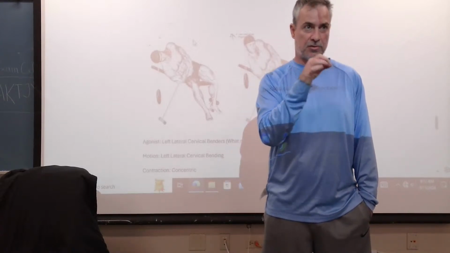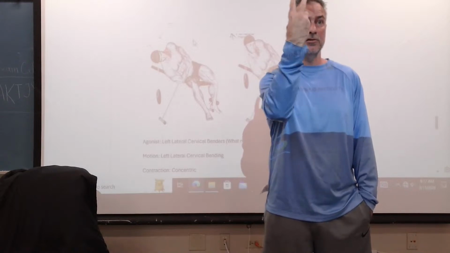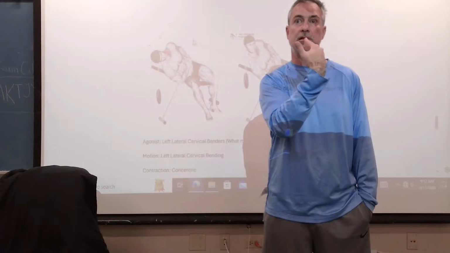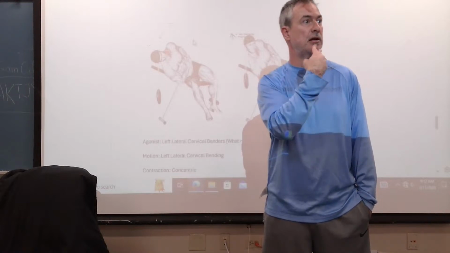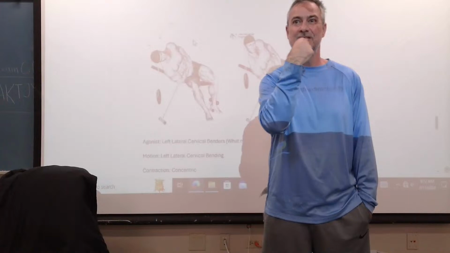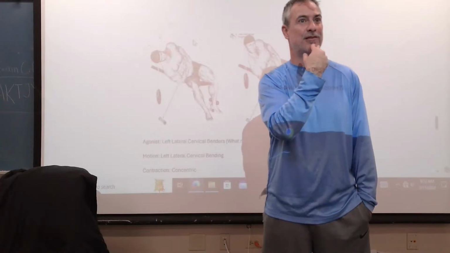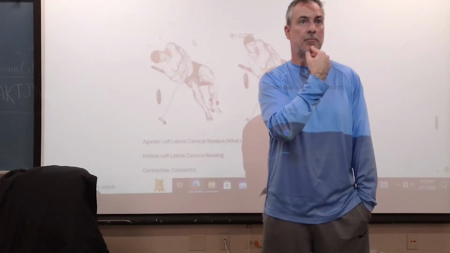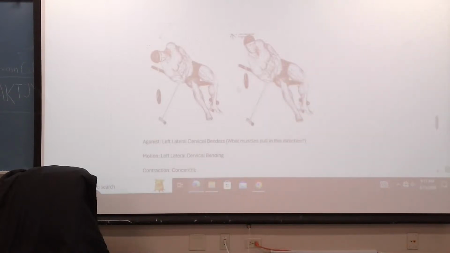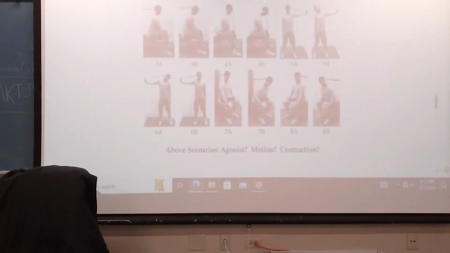It's no longer flexors, extensors, it's flexors, and these are the two flexors. It's right laterals, these are the two main right laterals. I need left laterals, these are the two main left laterals. I need right transverse, these are the two main right transverses. I need a left transverse. These are the two left transverses. Does that make sense? Let's try to work out some of these.